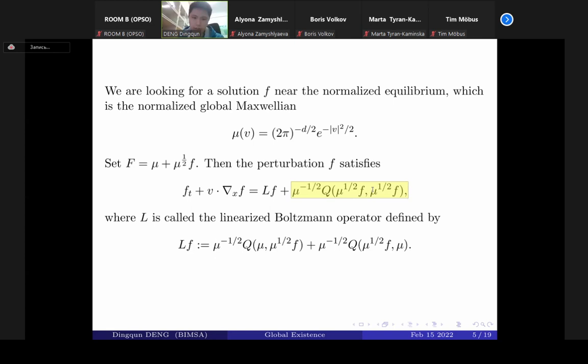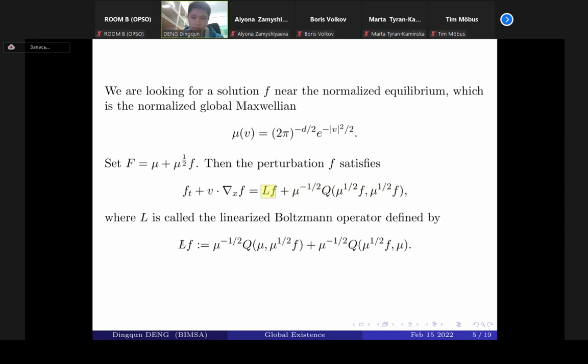So that means f will be a small function, which means it will be small in some norms. So here f times f will be even smaller. And the main part we will analyze today will be this linearized Boltzmann operator, which will be presented in the following way.